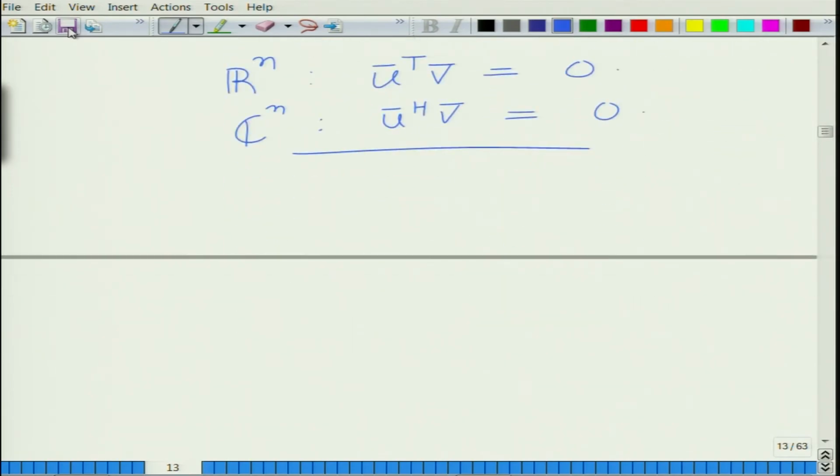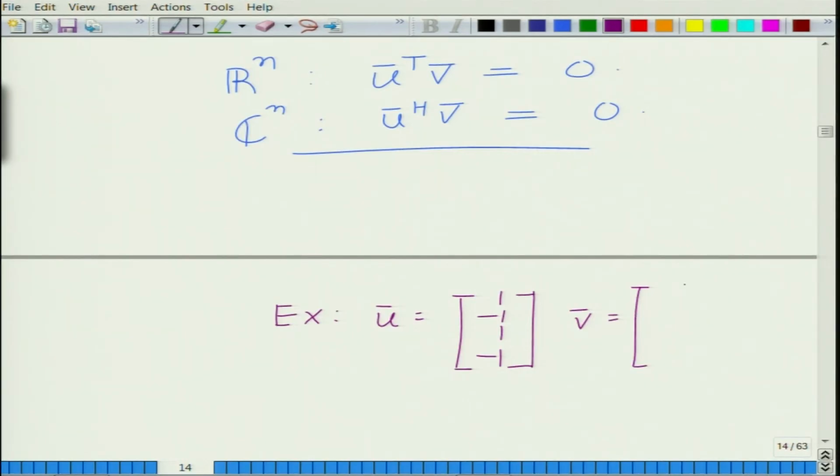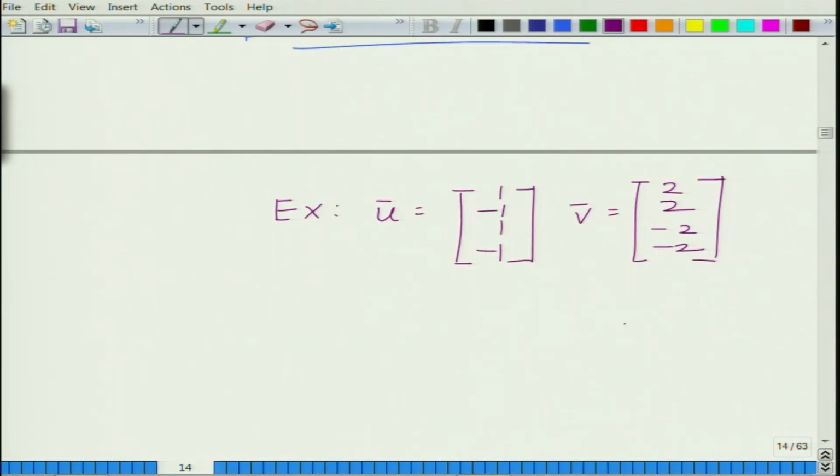Let us take a look again at another simple example. u bar equals 1, minus 1, 1, minus 1 and v bar equals 2, 2, minus 2, minus 2, and we have u bar transpose v bar.